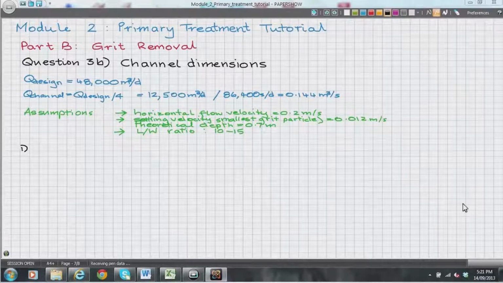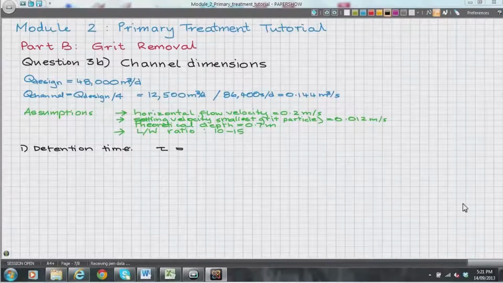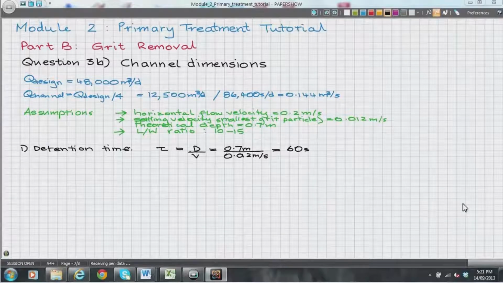So first of all, we need to work out what the detention time in the grit removal chamber will be. We're going to represent the detention time by tau, and that is the depth divided by the settling velocity of the smallest grit particle that we need to completely remove. So that is 0.7 meters divided by 0.012 meters per second, which equals 60 seconds. So approximately 1 minute retention time.